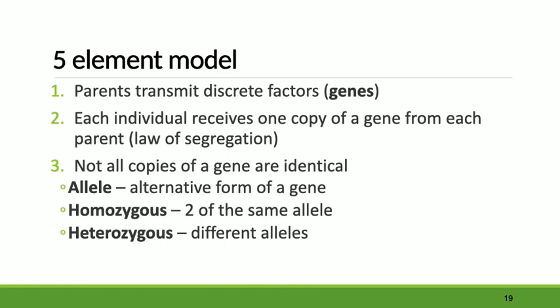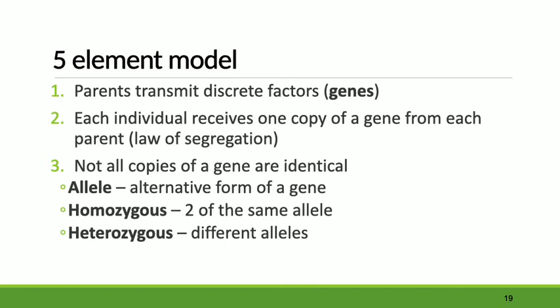Not all copies of the gene are identical. This is something that I tried to tell you when I was first explaining what a chromosome was and what a gene was. I mentioned that you can have a gene for eye color, but there can be blue eye color versus brown eye color, right?